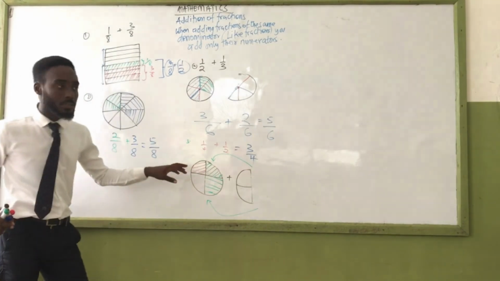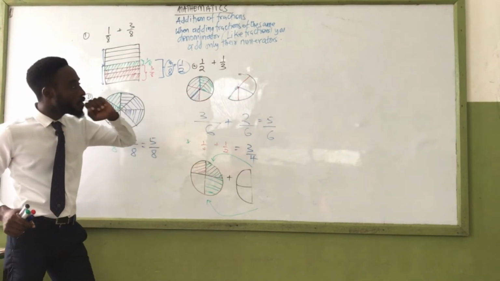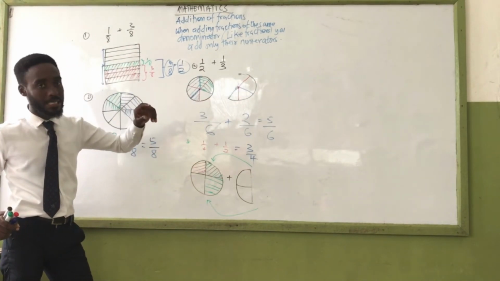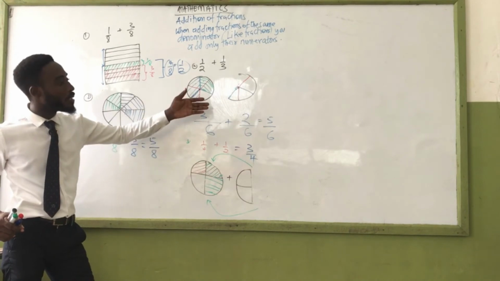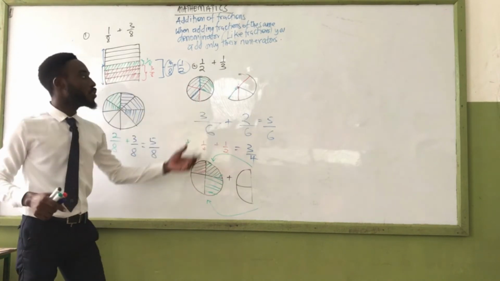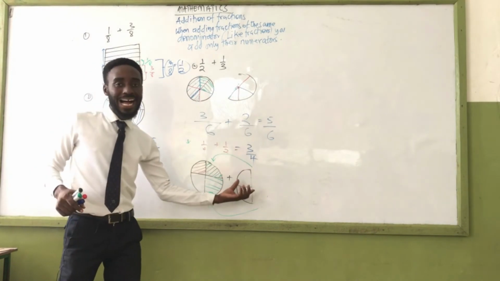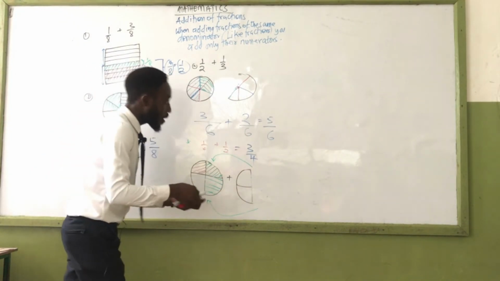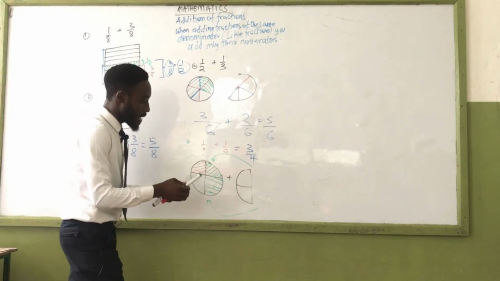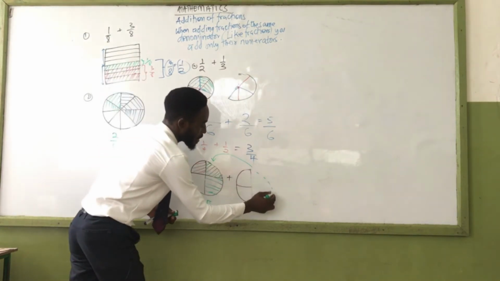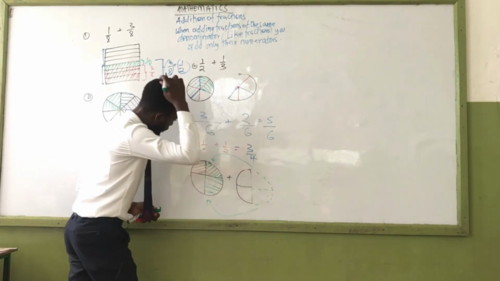So having done this for some time, you would always realize that when you are adding fractions that are unlike, I'm going to put this 2 here so we know that we took some things from here.